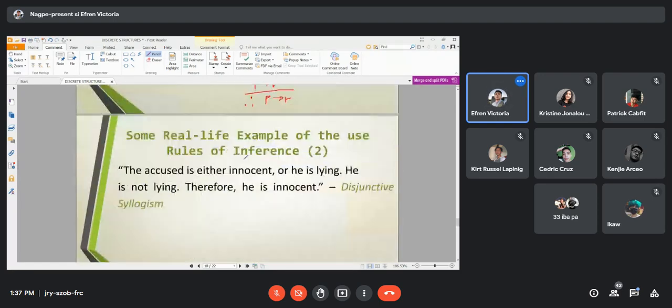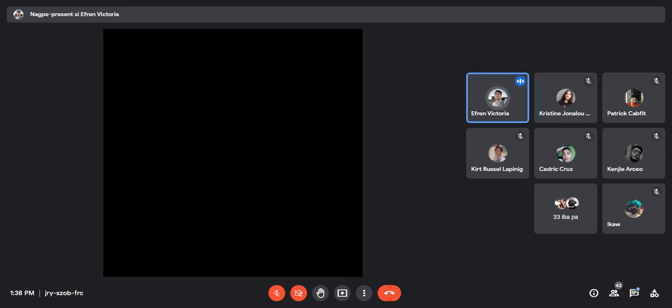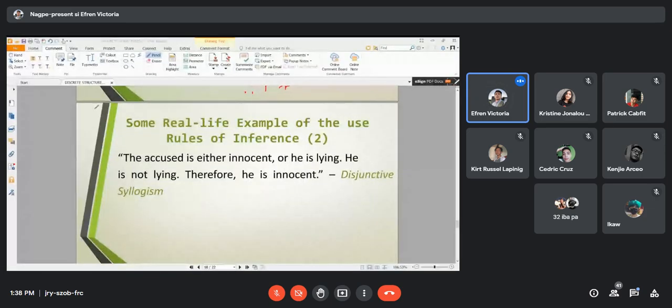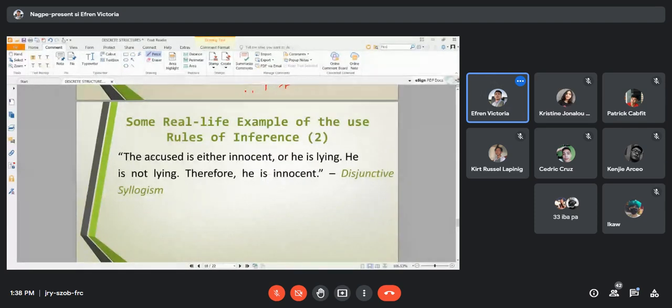Okay, so dito, disjunctive syllogism. So sa disjunctive syllogism, ba't nawala yung share? So the accused is either innocent or he is lying.